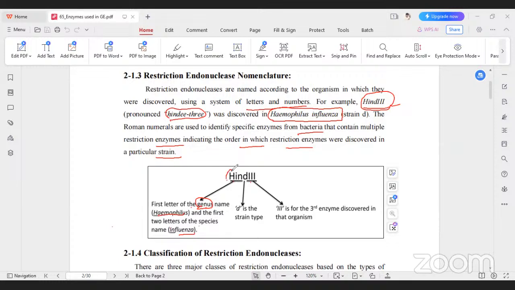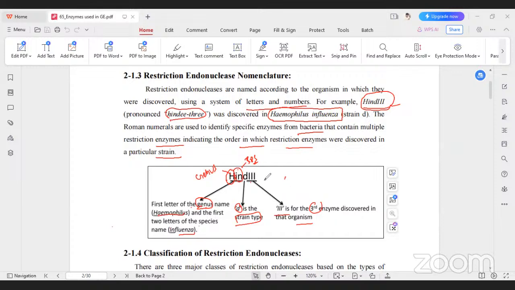This is H, the genus name; IN, the species name; d, the strain type; and III for the third enzyme discovered in that organism. Of course, I already told you, if you take any organism, there are a number of enzymes there. Based on the number, we can name them: first enzyme I, second enzyme II, third, fourth, fifth, like this.